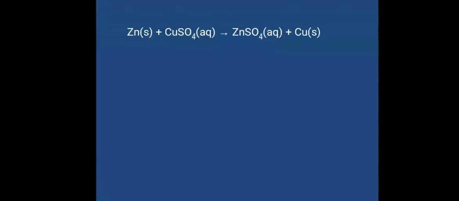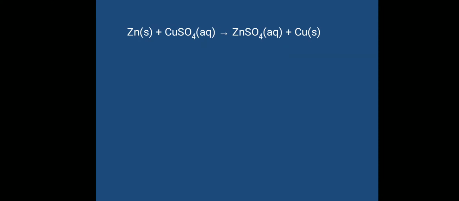And from the symbol aq, we can understand CuSO4 is present in aqueous form. And again, we can understand the product zinc sulfate is also in aqueous form, plus copper which is in solid state.